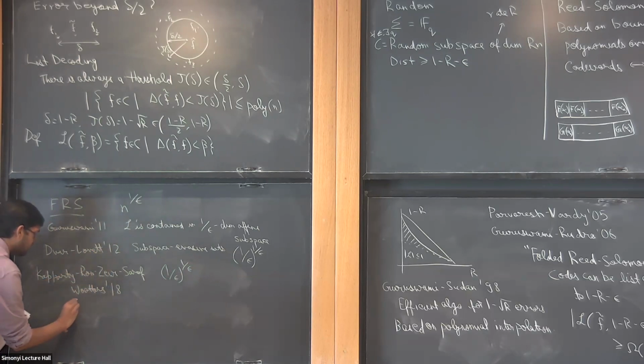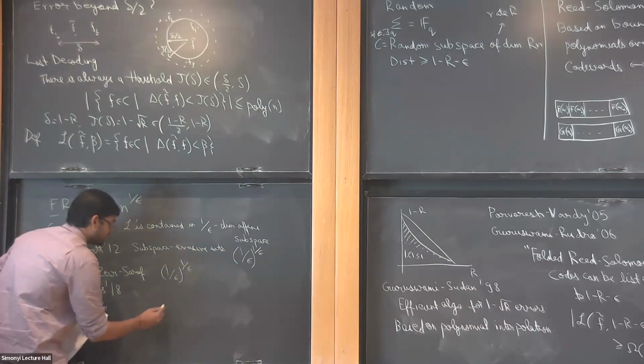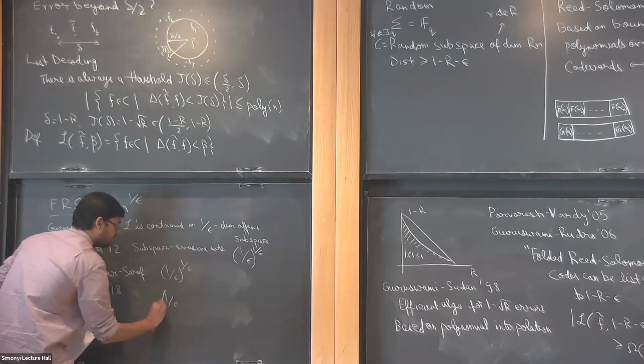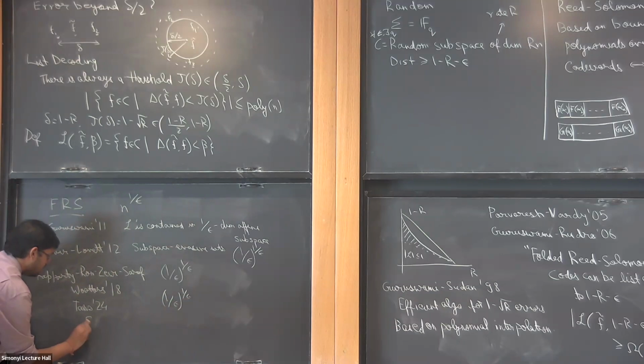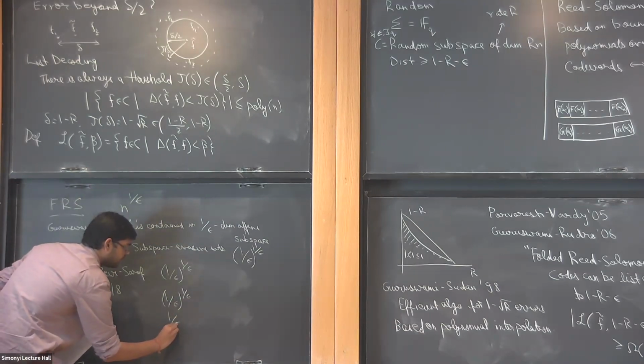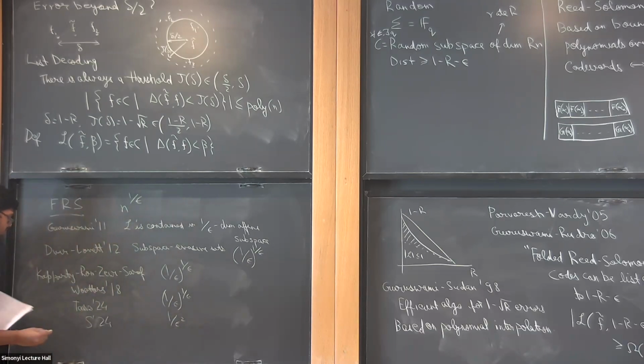A lot of this proof method was simplified and the bound slightly strengthened by Tamo in the journal version later. Then this was improved to 1 over epsilon square in one of my results.